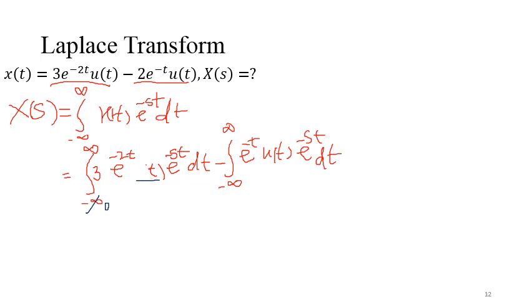So u of t signifies that the signal cannot be summed from minus infinity up to infinity. Again, if we look at this one, these two are multiplied, both are exponential, so their powers can be added. So we can just write minus st here.